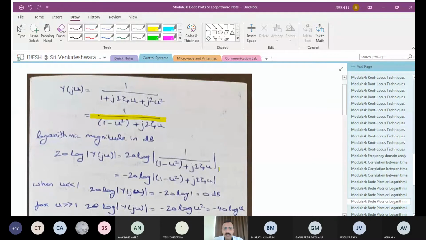So let us take the logarithmic magnitude. 20 log of Y of ju will be equal to 20 log of 1 divided by 1 minus u square plus j 2 zeta u.